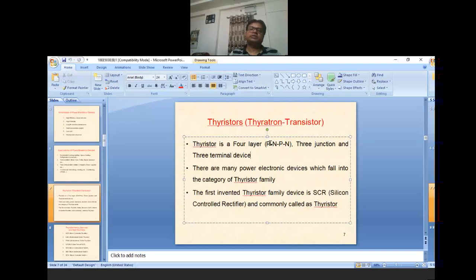Four layers means a P layer, then an N layer, then a P layer, then an N layer. You can also visualize this as PN junctions joined together in adjacent layers, where three junctions will be formed, and it will have three terminals named anode, cathode and gate.